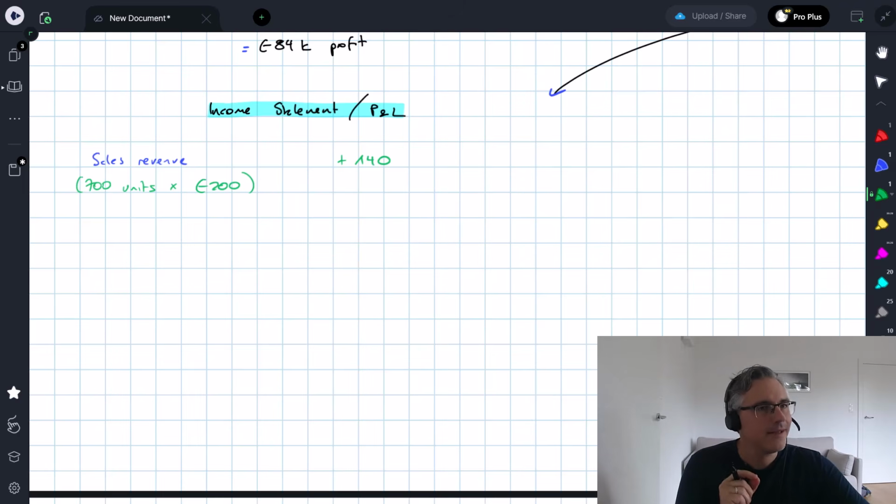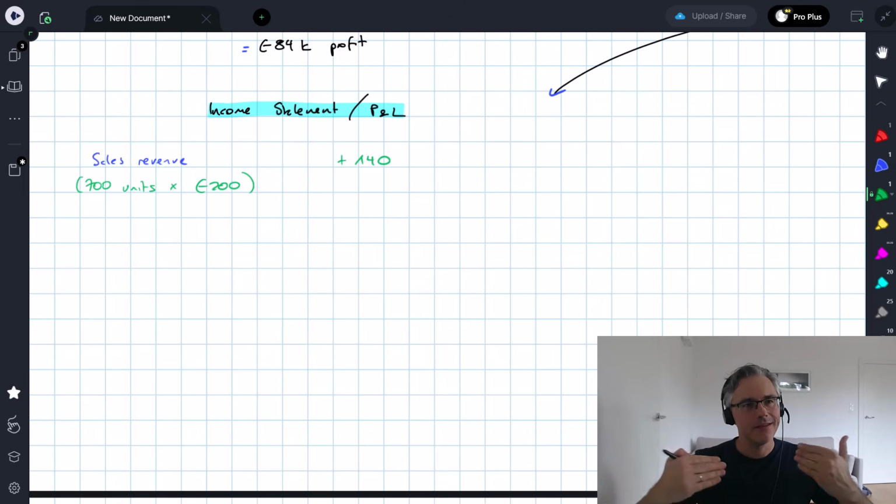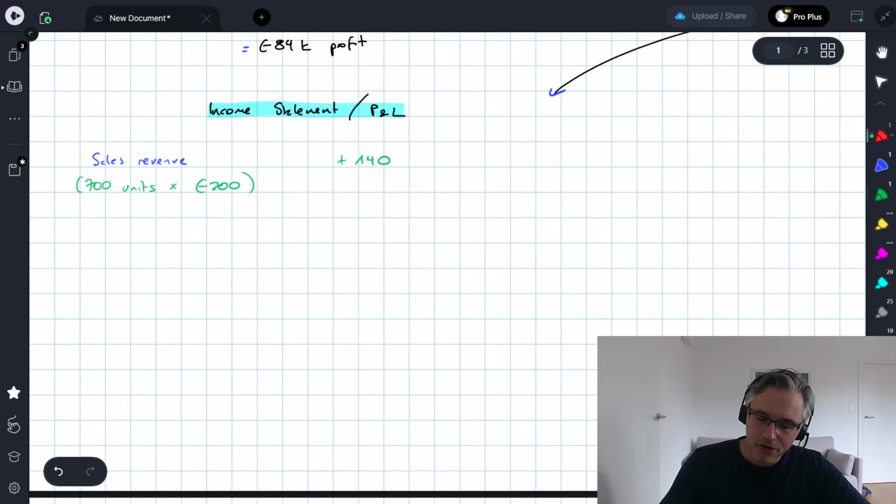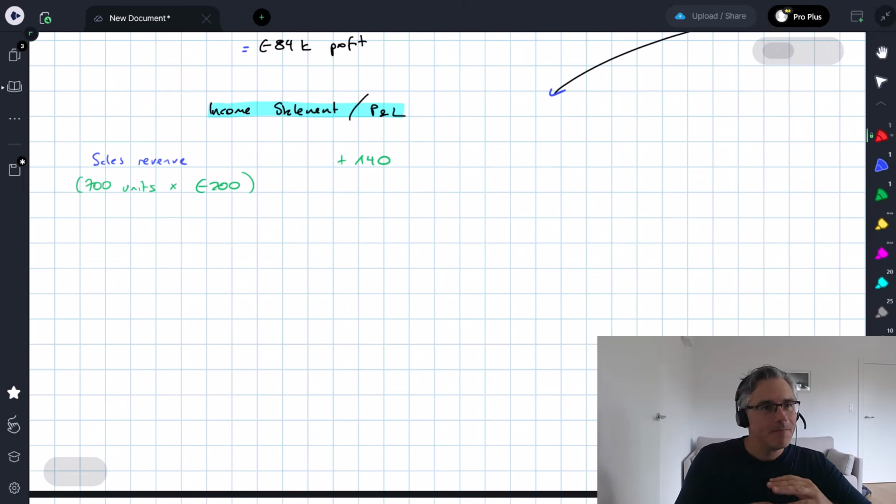It doesn't matter whether clients have already paid us the money or not. What matters is that we've made a sale. Clients have taken those goods over, and what matters is that we expect them to pay. We think it's probable that they will pay in the future. On the other hand, in order to generate that sale or those sales, we had to first get those units into our business.